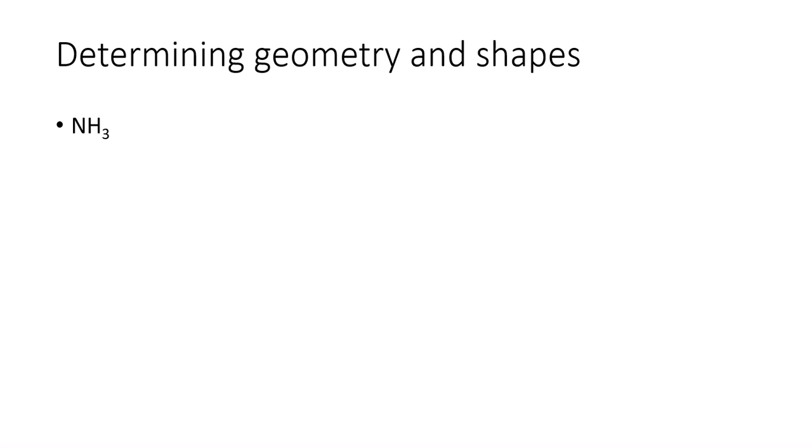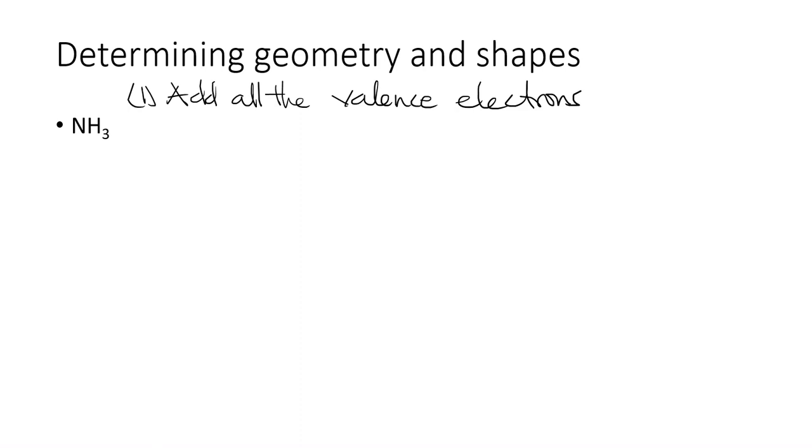Now let's go to this. Ammonia. We follow the same rules. So rule 1, add all the valence electrons. So nitrogen is in group 5, so it has 5 valence electrons.